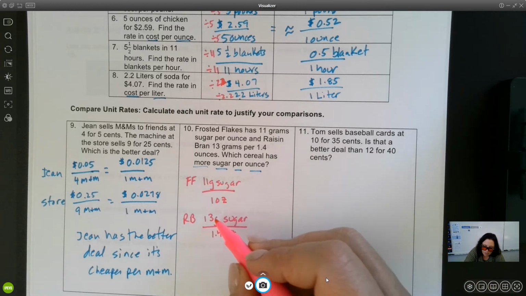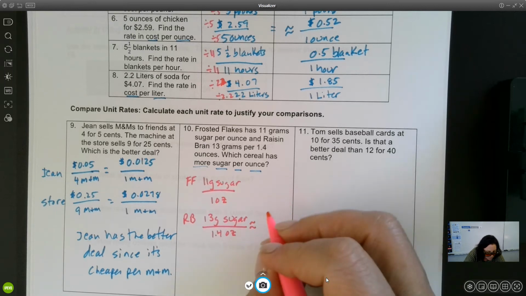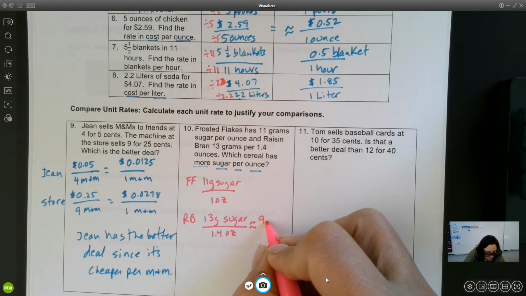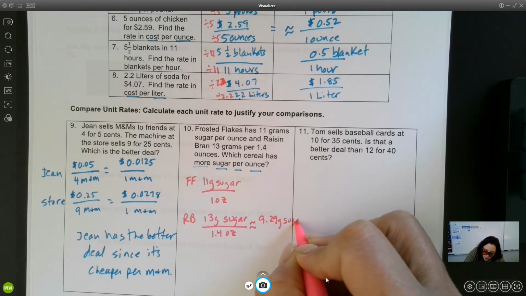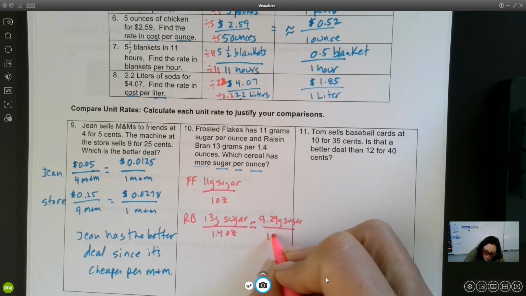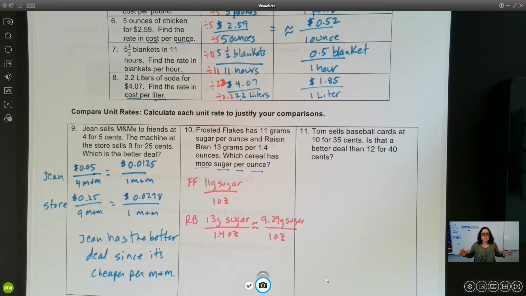If you divide 13 by 1.4, you get roughly, and I'm estimating because this was an ugly number in my calculator, 9.29 grams of sugar for 1 ounce. The question was which cereal has more sugar per ounce? Frosted Flakes does because it's 11 for 1, where this one's only 9 something for 1.